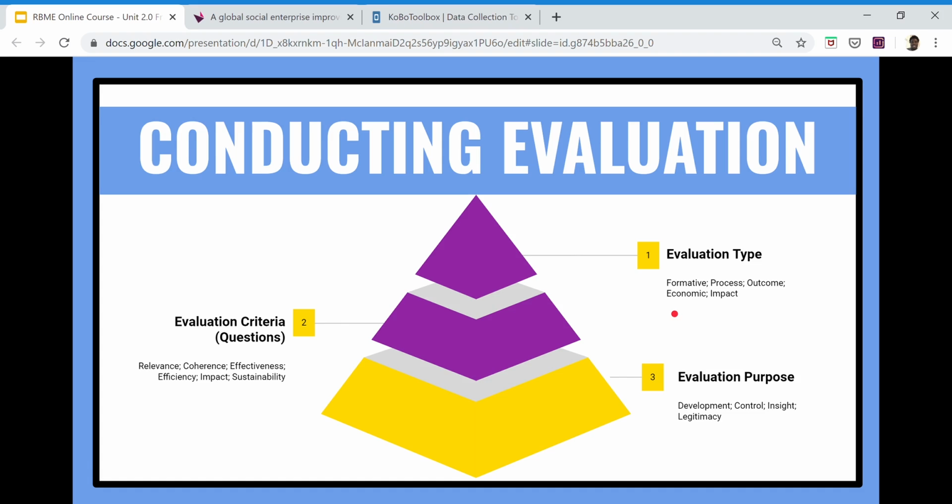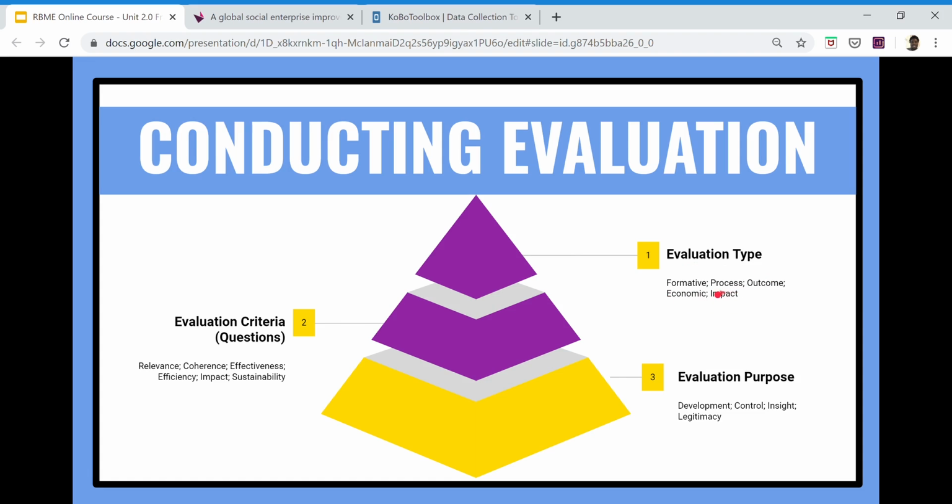So you could start thinking about cost effectiveness of a program, or the cost analysis of a program, or the cost-based analysis of a particular program. So you could think about that as all forms of economic evaluation.